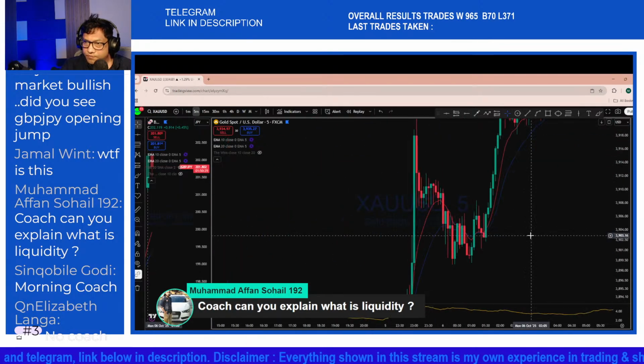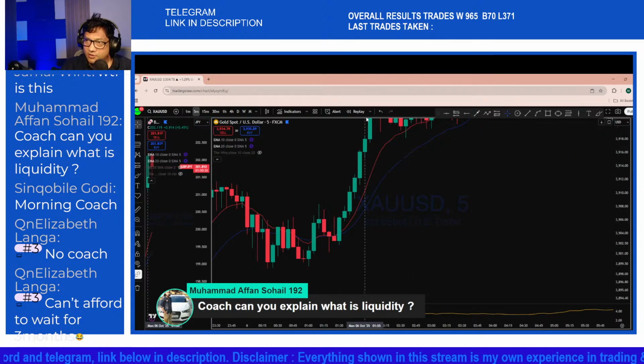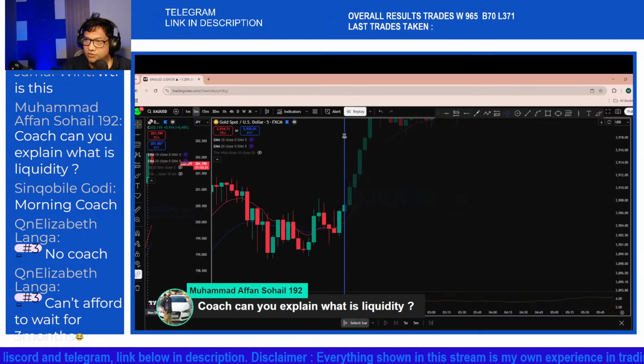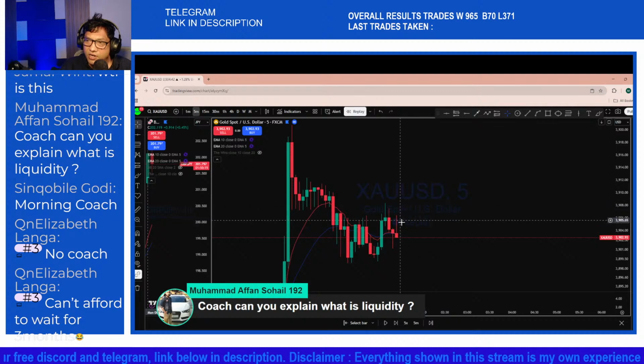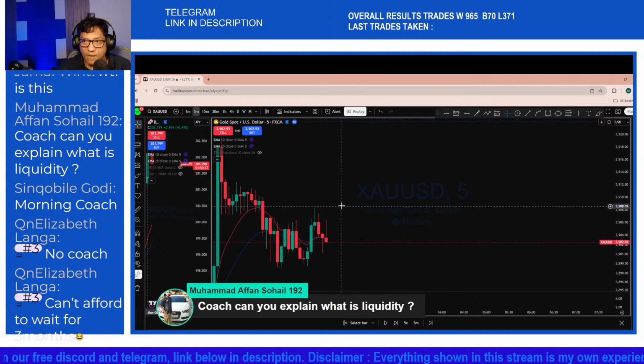You see that, this candle is a great entry candle. This inverted hammer is a great entry candle for this upside bias.